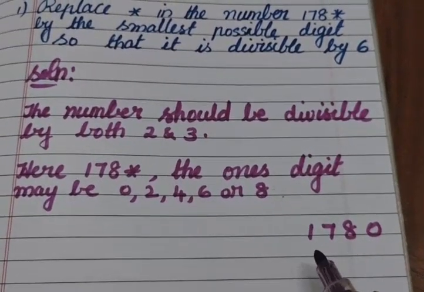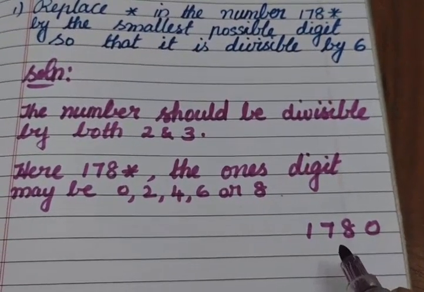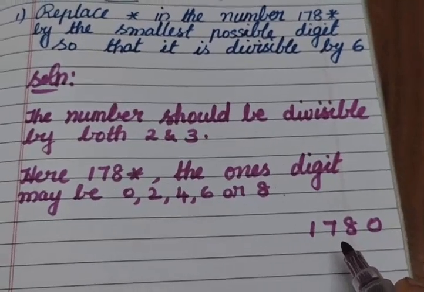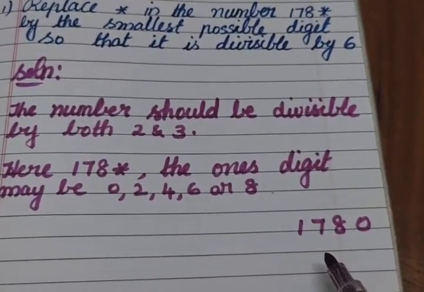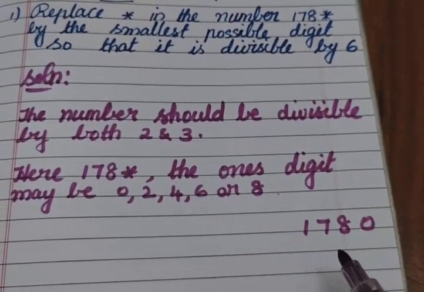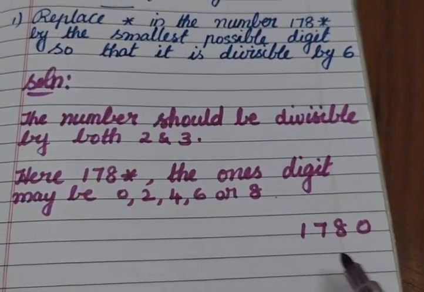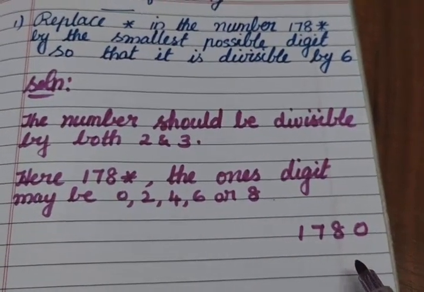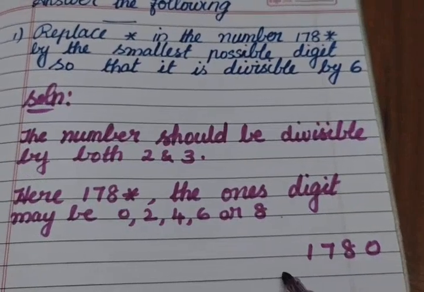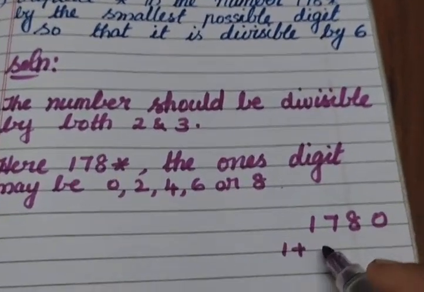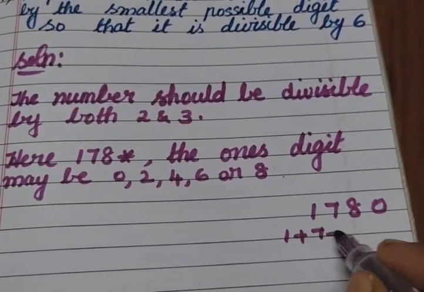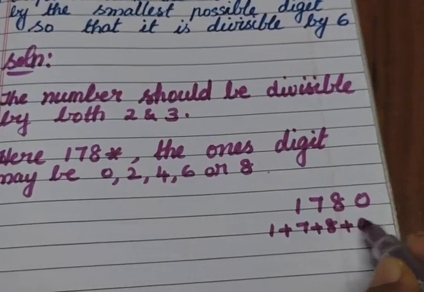Okay, children, then we can check this number is divisible by 3 or not. What is the divisibility rule of 3? If the sum of the digits is divisible by 3, that number is divisible by 3, isn't it? So what is the sum of the digits here? 1 plus 7 plus 8 plus 0.